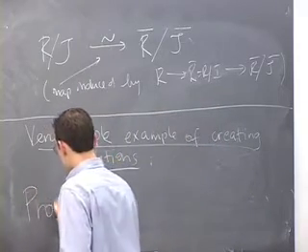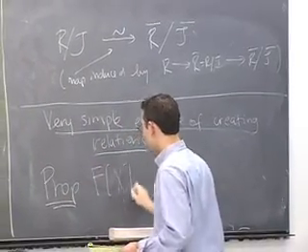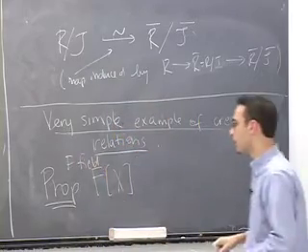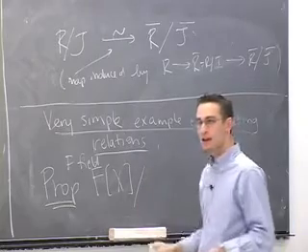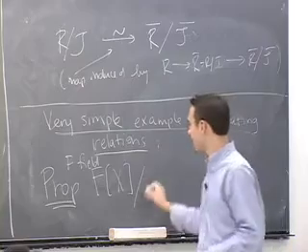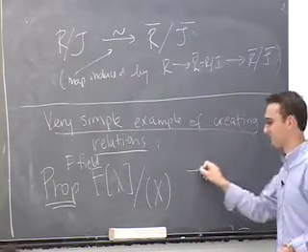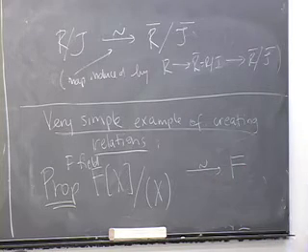So here's the proposition. If I have some field F, and I consider the ring of polynomials with coefficients in F, and I make the relation that x is equal to 0, then what do you think this ring looks like? It just looks like F again. Exactly.